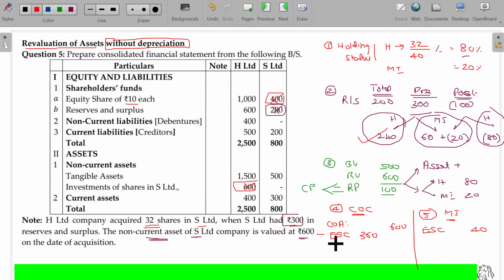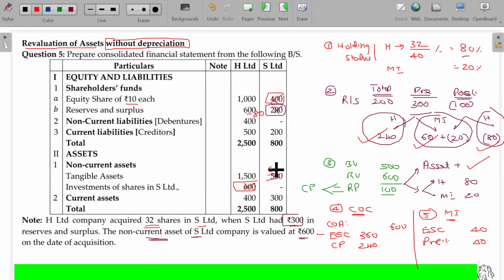Capital profit will be added to the net worth, capital profit or pre-acquisition profit, the value being 240. Minority share, profit 60 minus 20, 40. And holding company's share minus 80. And asset value should be appreciated by 100.